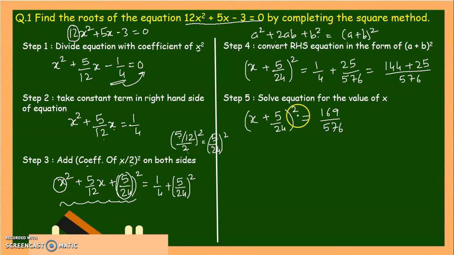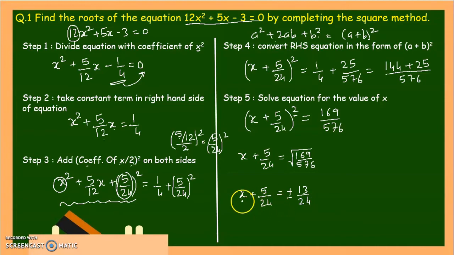Now if you remove the square, then it becomes x + 5/24 = ±√(169/576), so x + 5/24 = ±13/24.